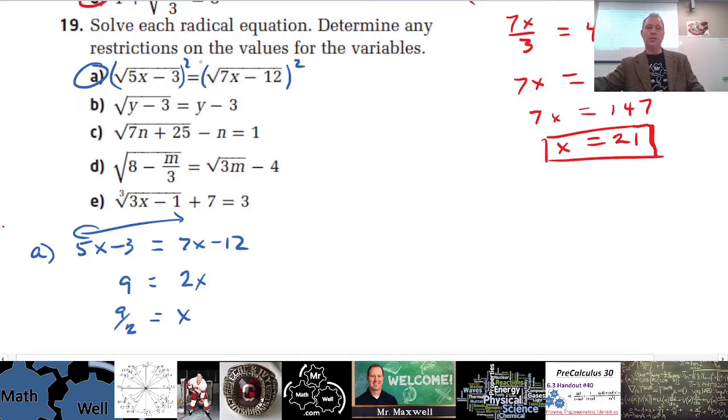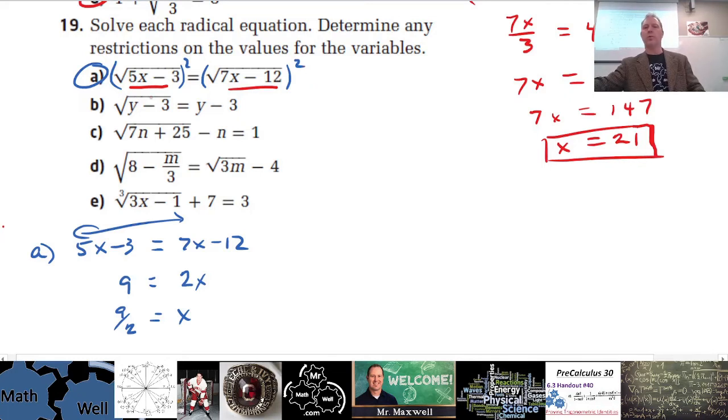Yeah. Restrictions. Okay, so restrictions. All right, how do we do restrictions here? Well, you have to find out what x can be for both of these, which we haven't really done a lot of work with finding restrictions when there's two radicals. So you have to kind of combine the two. So wherever x is defined for both radicals, like wherever they overlap, that's going to be the allowable values for x.